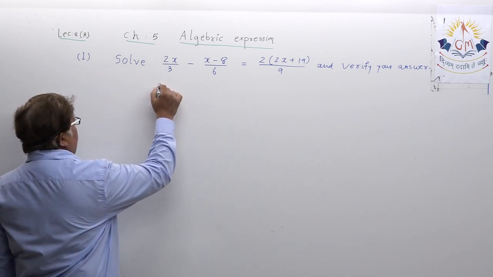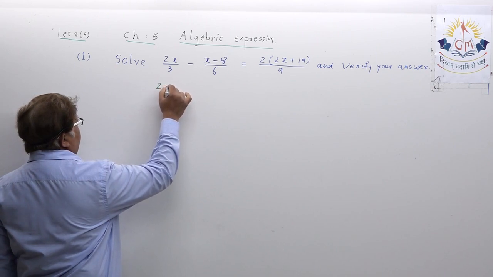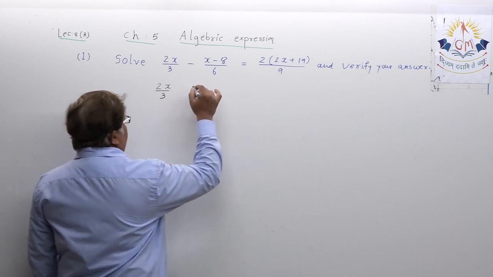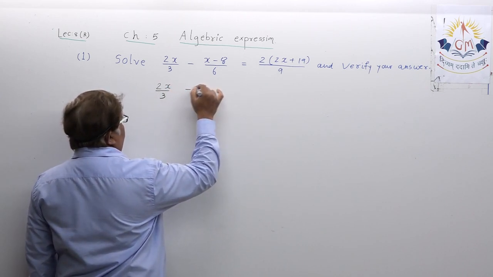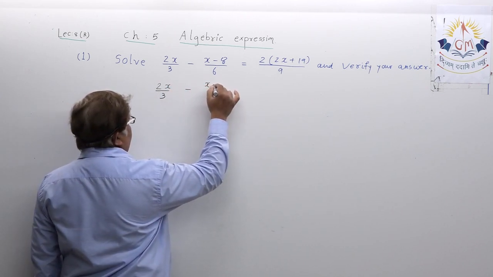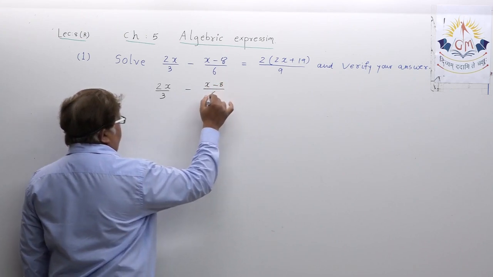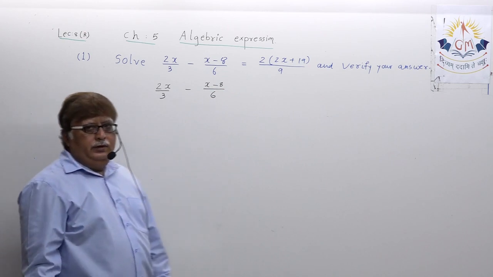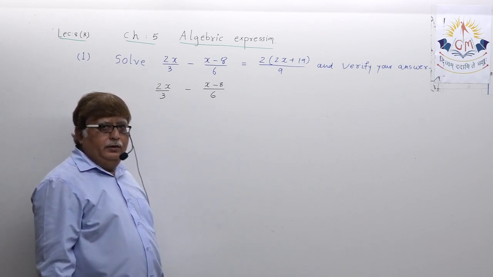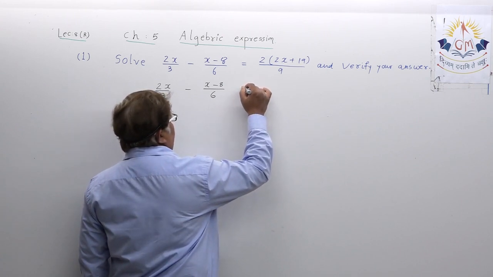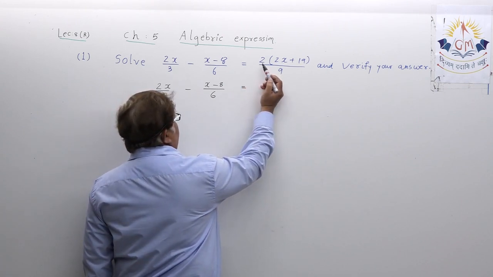Let me write it again. Please concentrate. x minus 8 upon 6, and here, dear student, you can open the bracket.